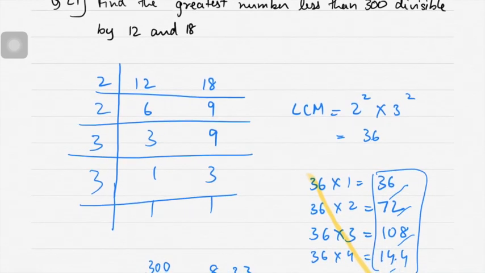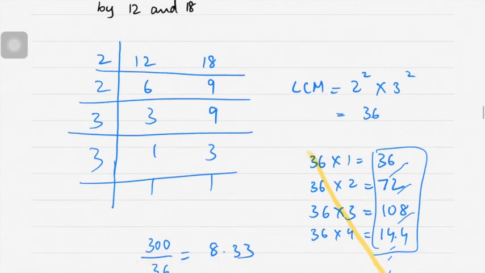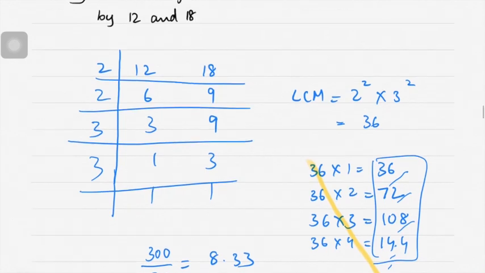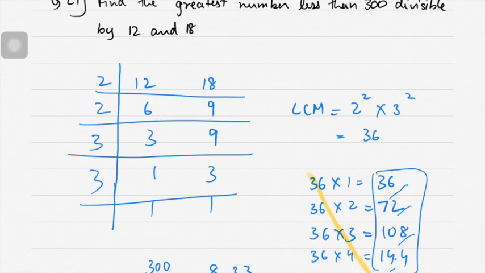Got it? Find the greatest number less than 300 divisible by 12 and 18. So you have to find a number which is divisible by 12 and 18 and which is just less than 300. So 36, 72, 108, 144 and so on are all numbers which are divisible by 12 as well as 18 for sure.